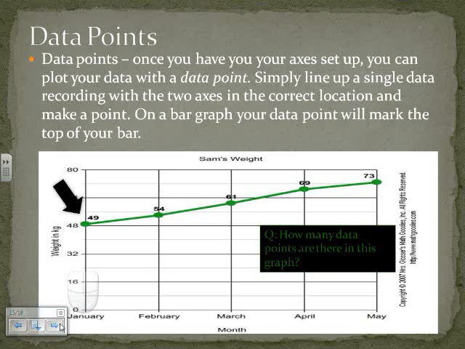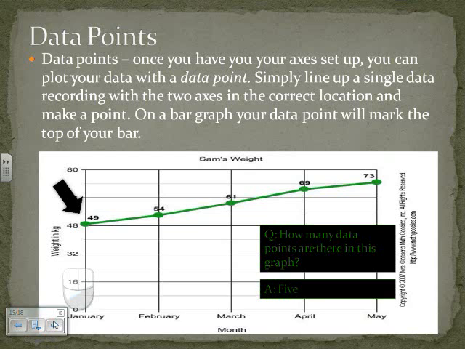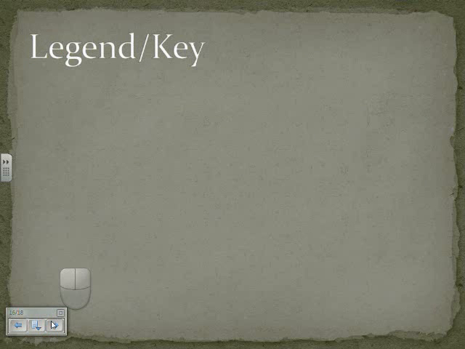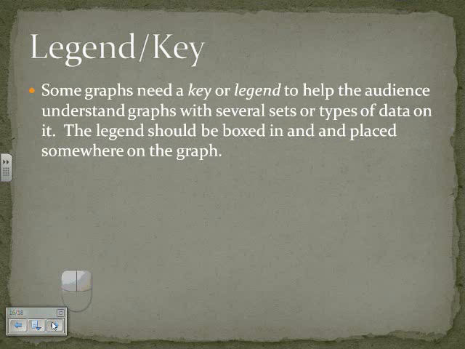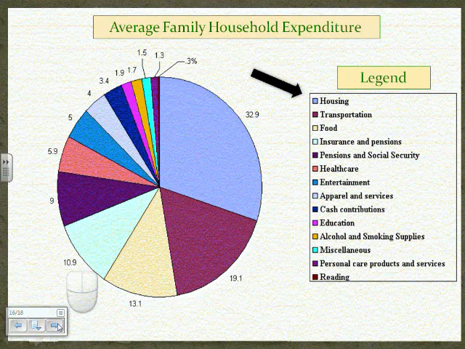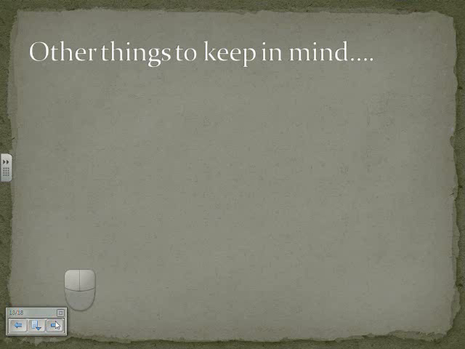So counting how many data points we have: 1, 2, 3, 4, 5 different data points in this particular graph. A legend or a key. Many graphs need legends or keys in order to understand when there's multiple sets of data. For example, in this pie graph, all of these different colors mean absolutely nothing without our legend, without our key to point out exactly what these slices of the pie are for.